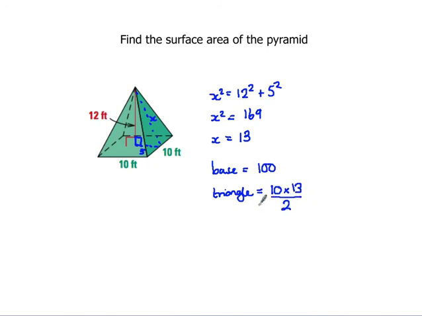So 10 times 13 would be 130, half of which is 65, but I've got 4 of those, which will give me 260. So the surface area of the whole shape then, when I add those 2 bits together, will be 360, and the units here are square feet.